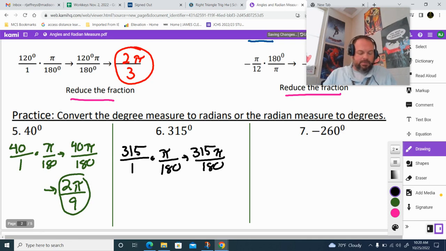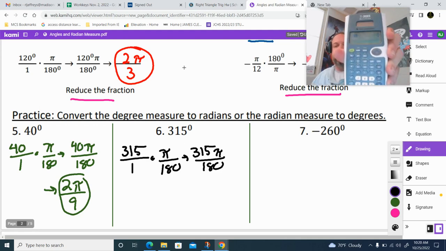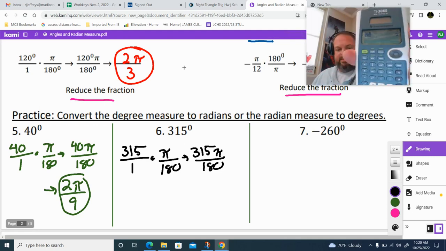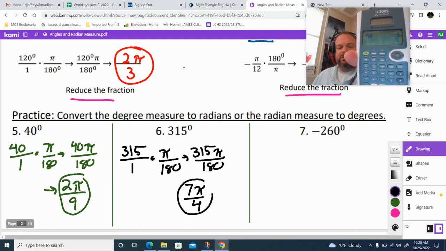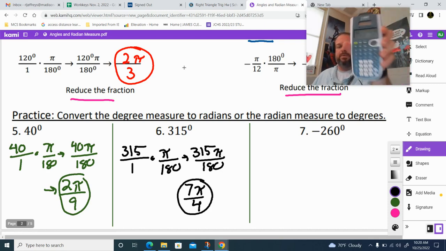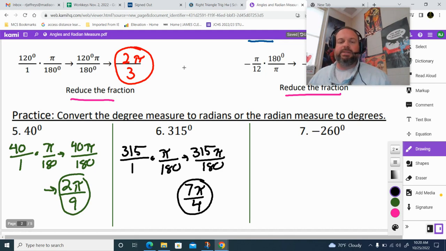So 315 over 180, I want to get 7 pi over 4. This one is actually going to be on that chart tomorrow or Thursday as we get to it.